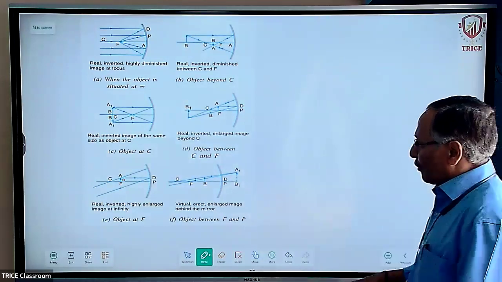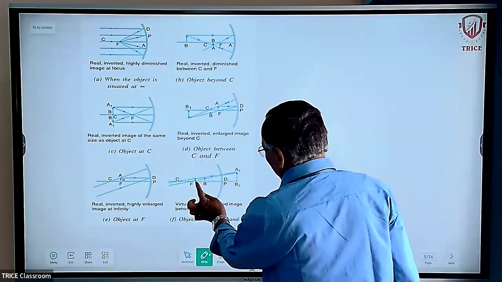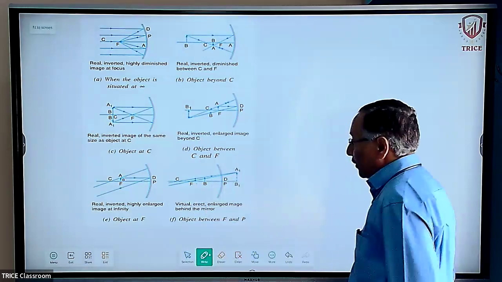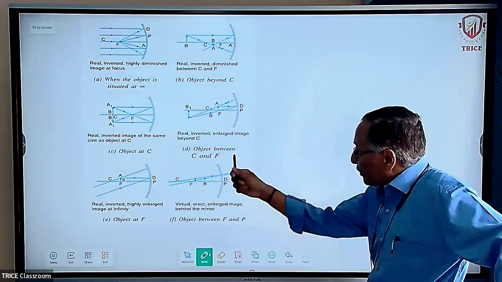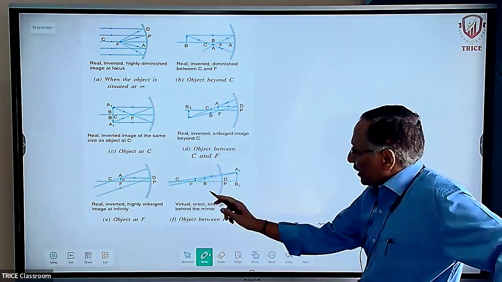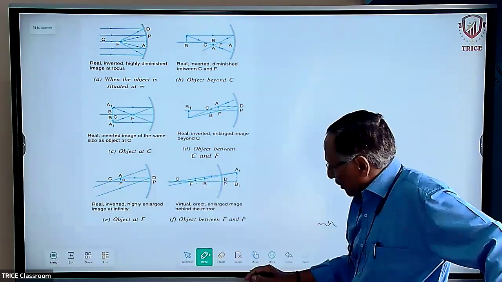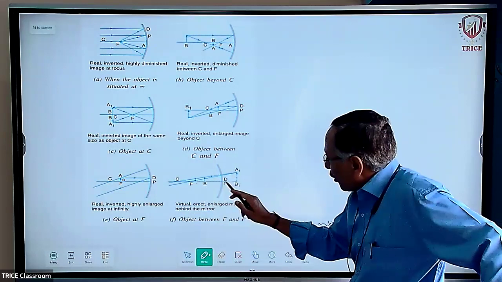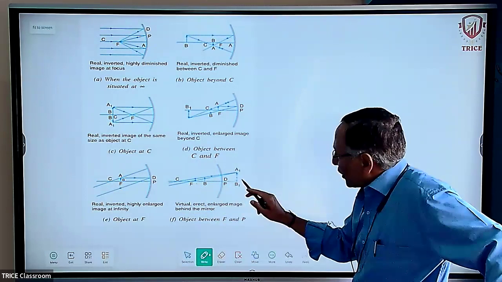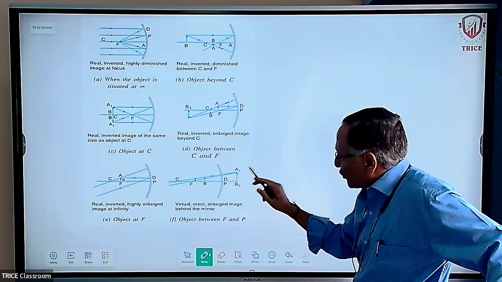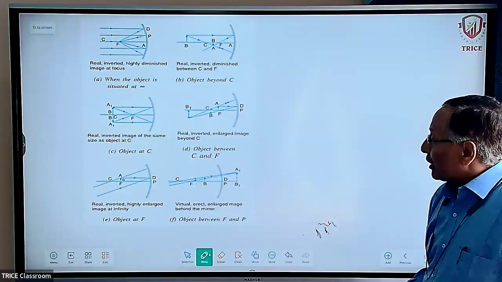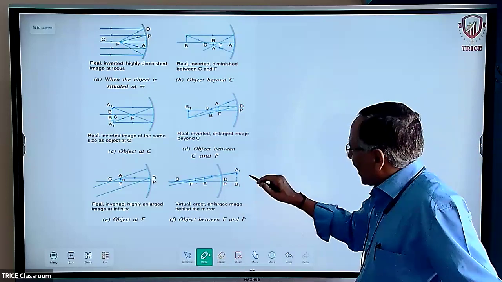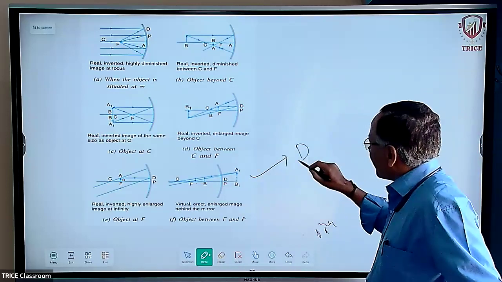in the last case where the object is placed between principal focus and pole, you get a very enlarged virtual erect image behind the mirror. When the object is placed between principal focus and pole of the mirror, you get a virtual erect enlarged image behind the mirror. This is made use of by the dentists.